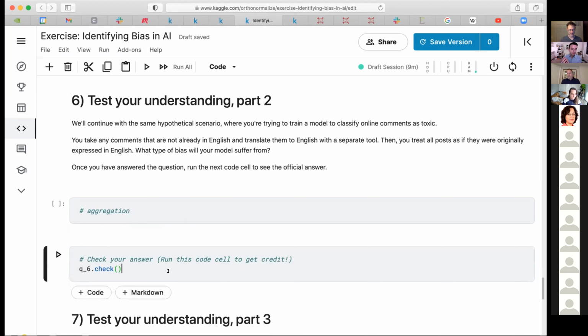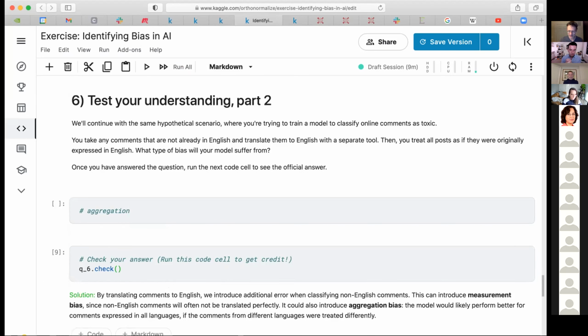But they also point out, I think down here, that there's measurement bias as well, since the non-English comments, especially if you're using an automated translator, are not necessarily perfectly translated, so they could be a little bit further from the speaker's intent than the English comments if processed in this fashion.